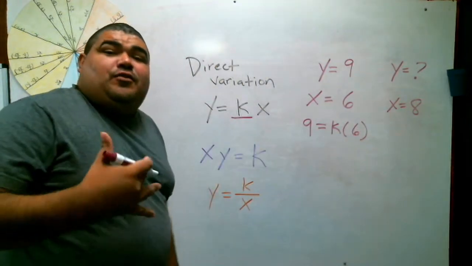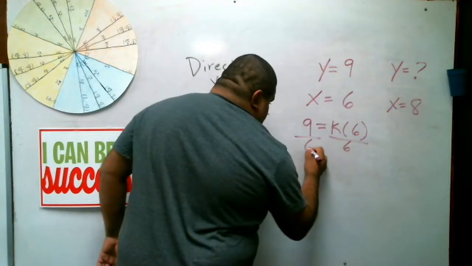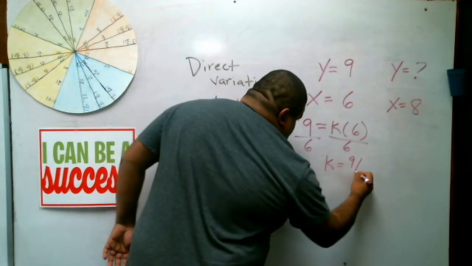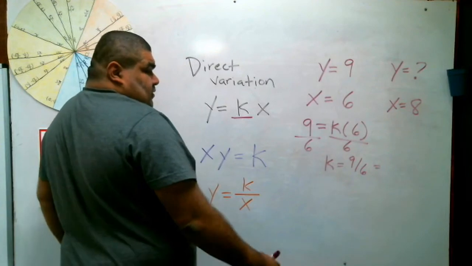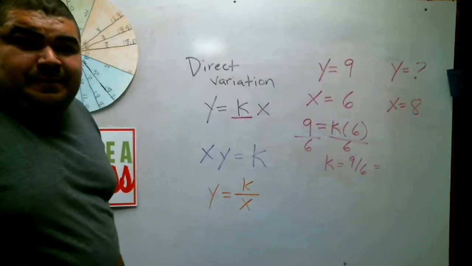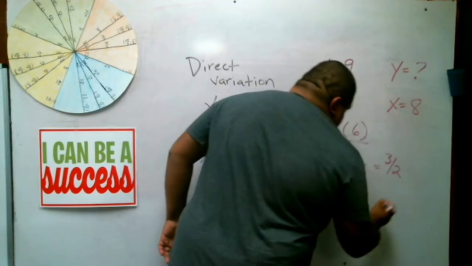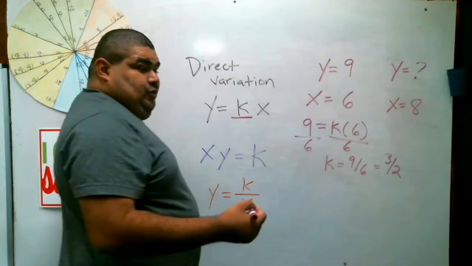If we're trying to solve for k, we move the 6 over by dividing. So k equals 9 over 6, and they're both multiples of 3, so that's 3 over 2. So k equals 3 over 2.